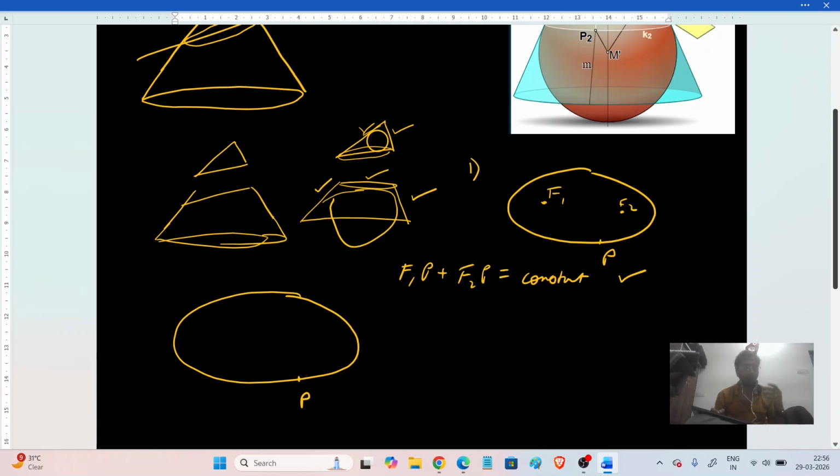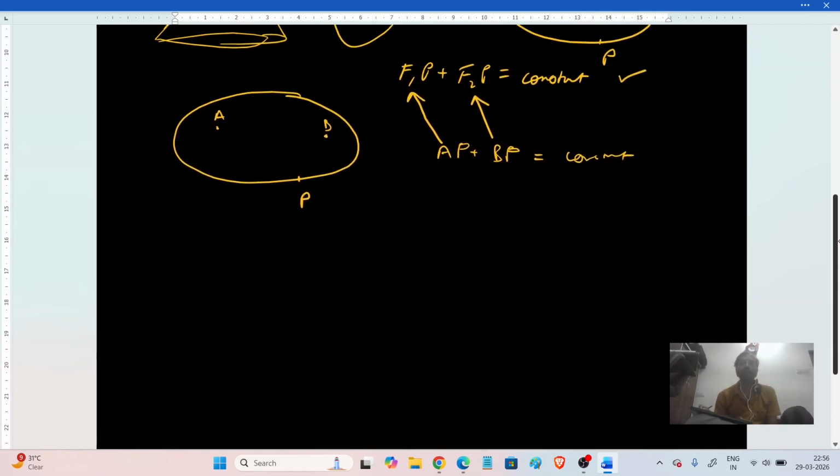Then if you take any two points A and B such that AP plus BP is always a constant, then we can tell that A is a focus and B is the other focus. So this is one thing that we will be using.